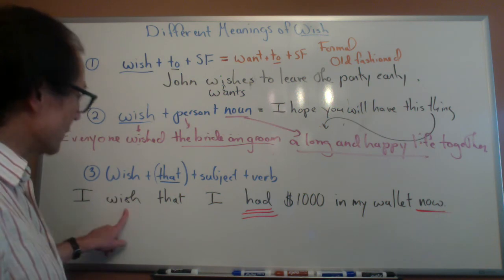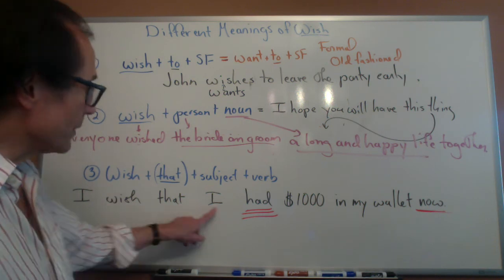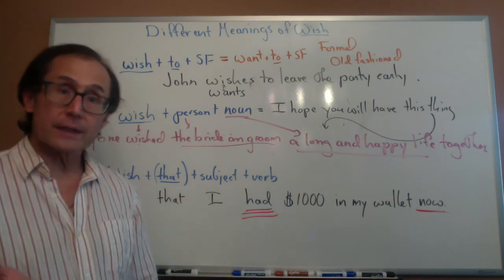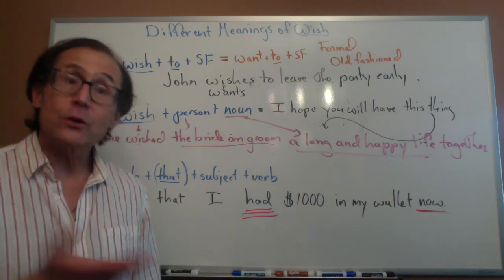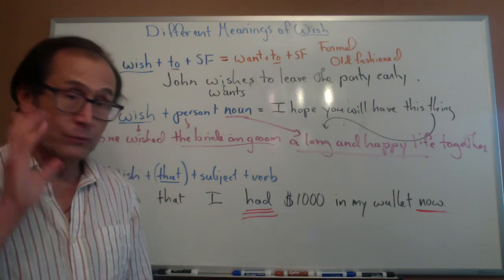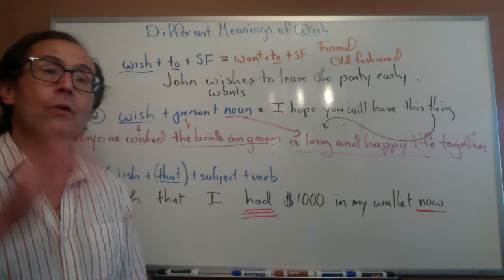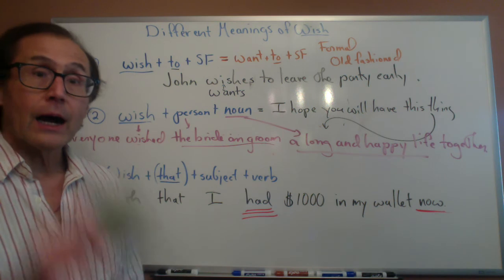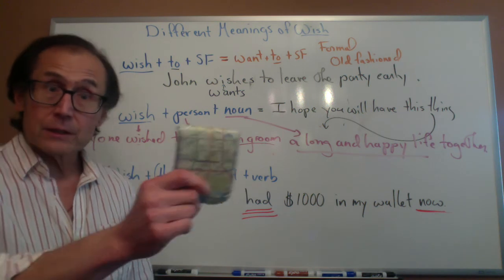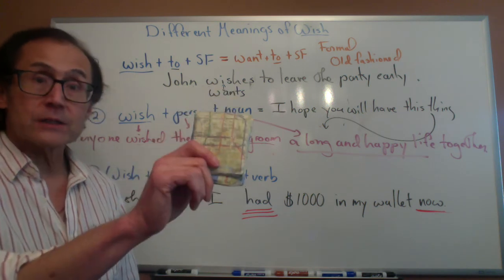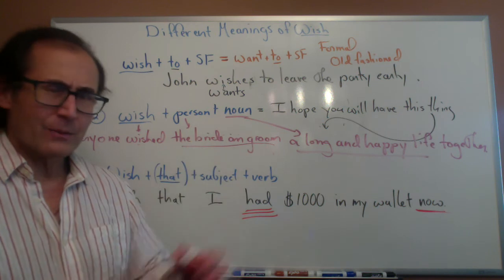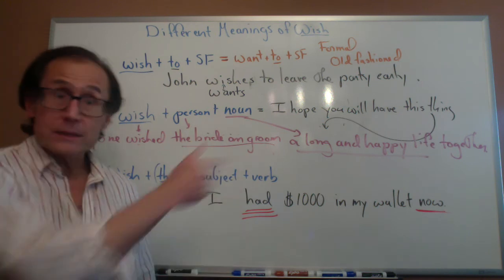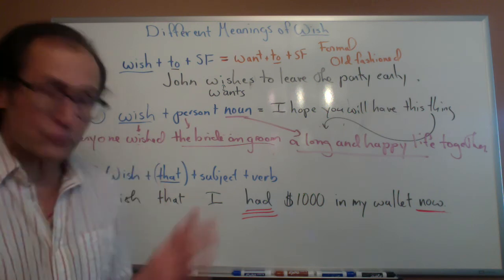When I use wish plus that plus subject plus verb, it means I want this, but I don't think it will probably happen, or I don't think that it's really true. I wish that I had $1,000 in my wallet now, but I don't really think I do. It would be nice, I want it, but I don't think it's real.